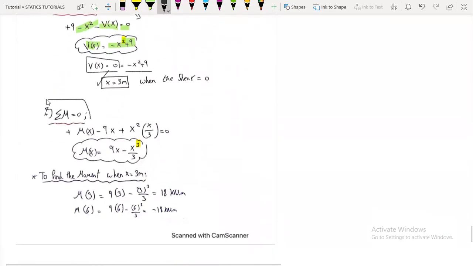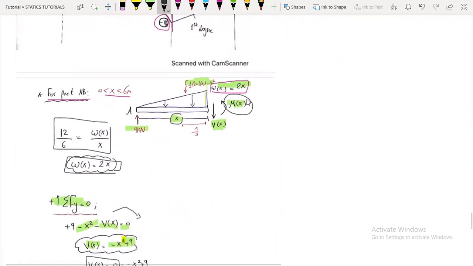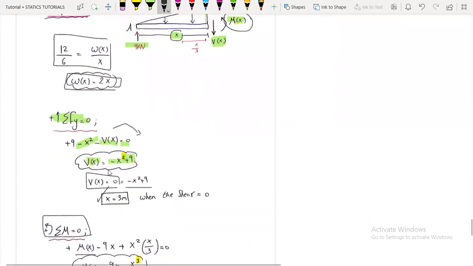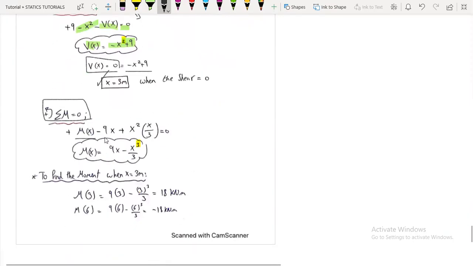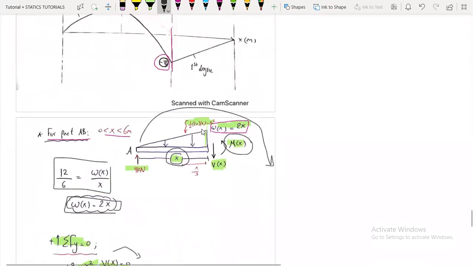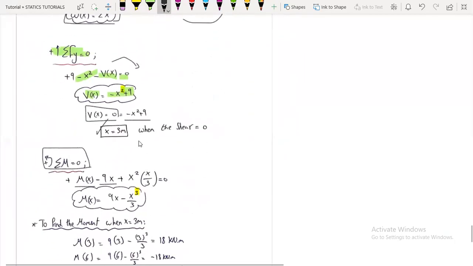Now, getting the moment equation, here it's Mx positive because it's acting counterclockwise, and I have this, it's clockwise, so minus 9 multiplied by x, and finally, the resultant, which is acting here, is x squared multiplied by x over 3, and it's rotating counterclockwise, so it is positive. Okay, check.